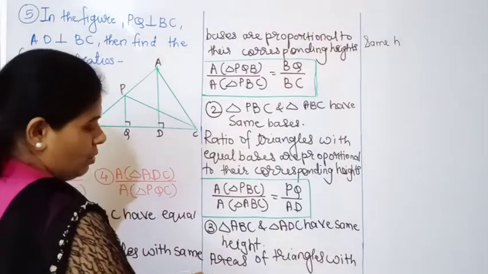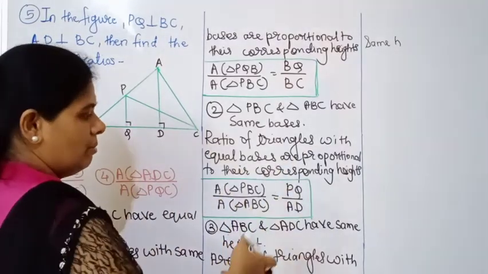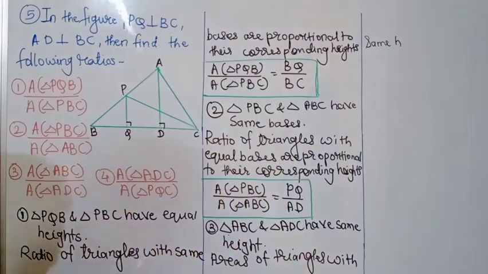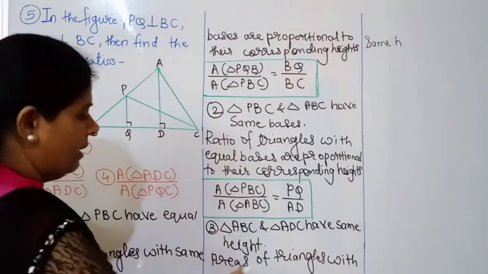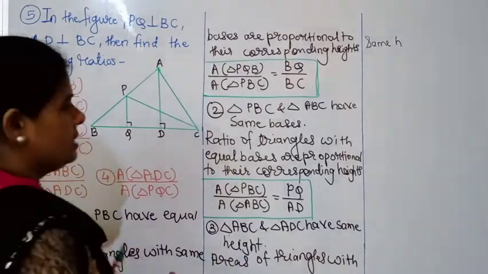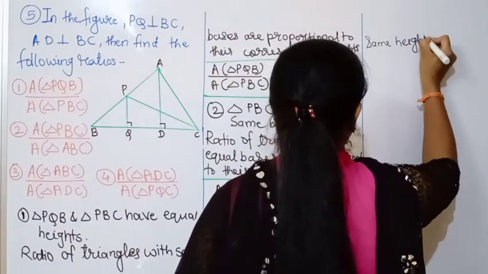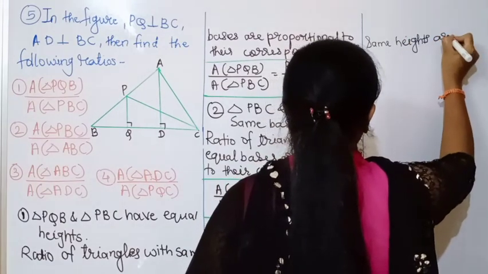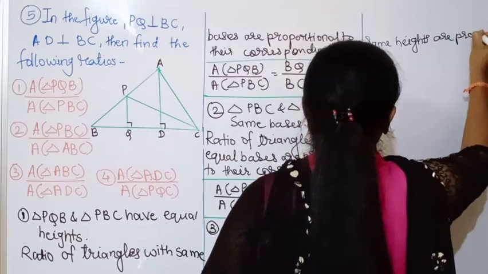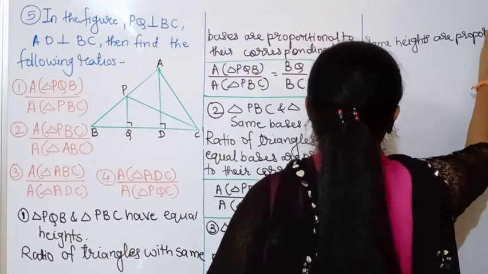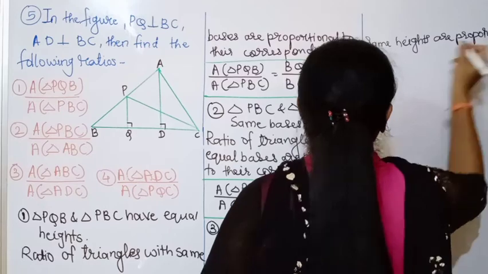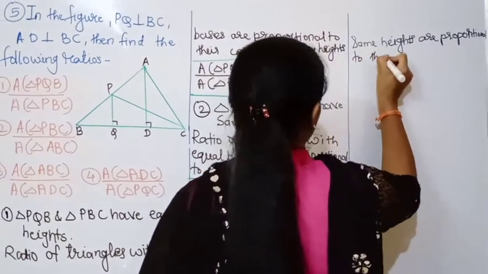Ratio of triangles with equal bases, that is also correct. And we can write: areas of triangles with same heights are proportional to their bases.